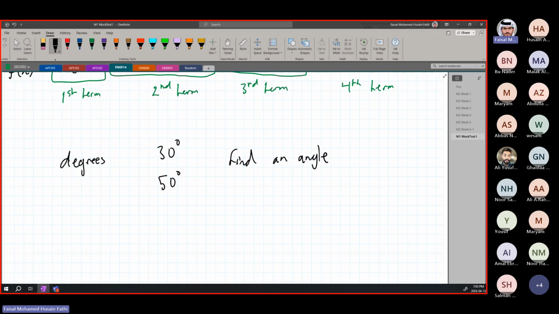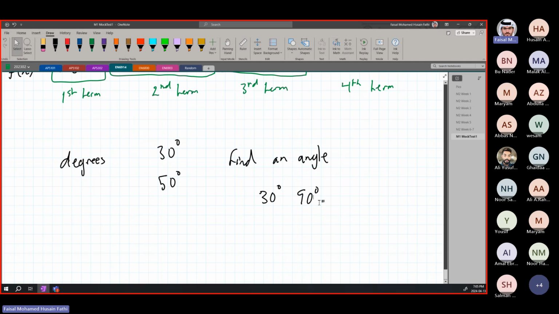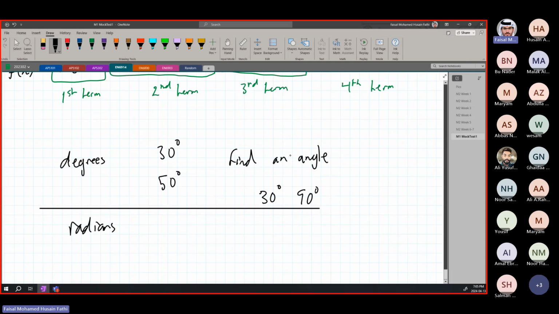When they are saying to find the angle, then you can give it as degrees, like 30 degrees or 90 degrees. In these two scenarios, that's the only time you will ever use degrees. When it comes to solving, radians is always the way to go. Unless the question is clearly talking about everything in degrees, it is always going to be in radians.